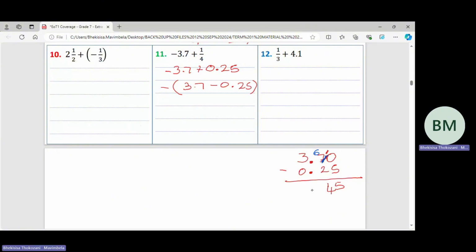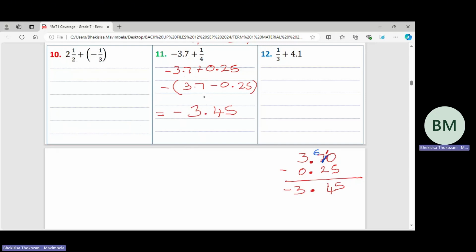And then I'm putting my dot here, and I'm going to maintain my 3 because nothing happened to it. So my final answer is going to be minus 3.45. And you could have changed this 3.7, you know, but I'm not going to do that.